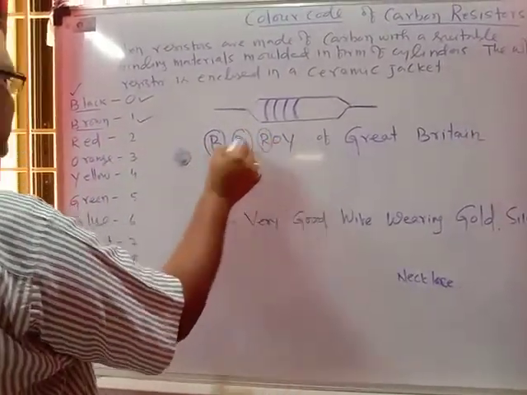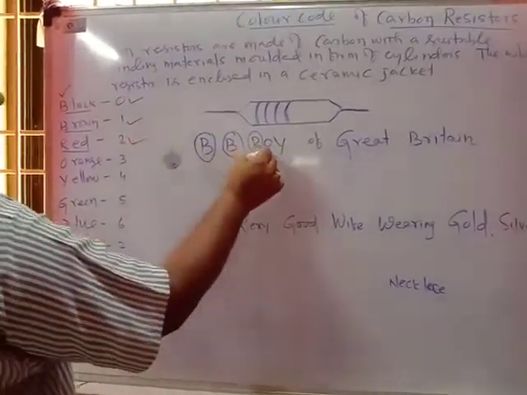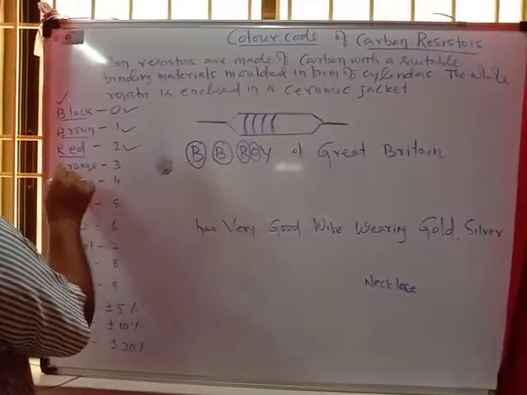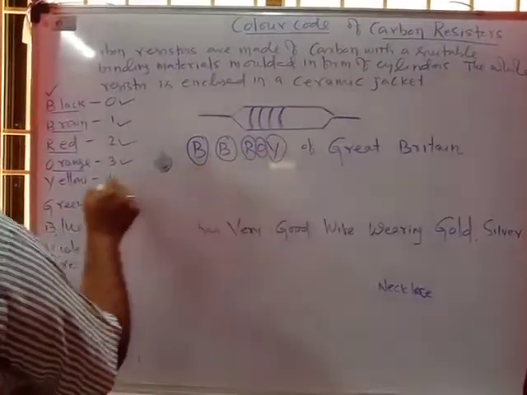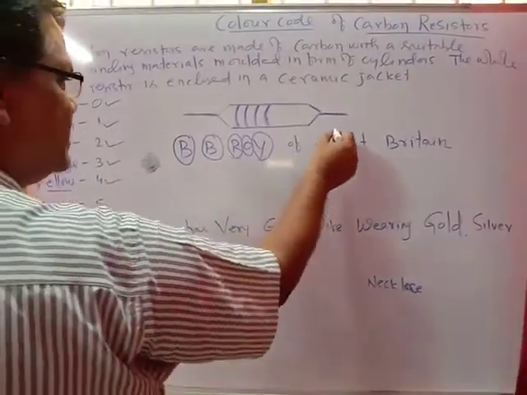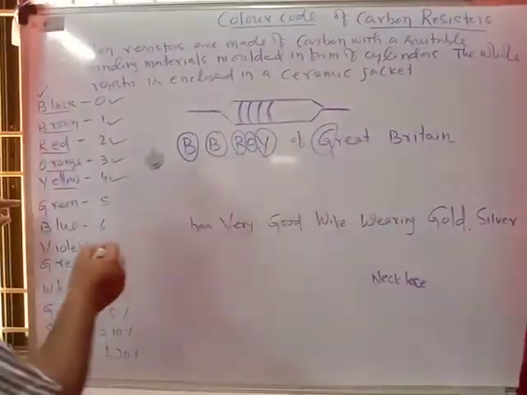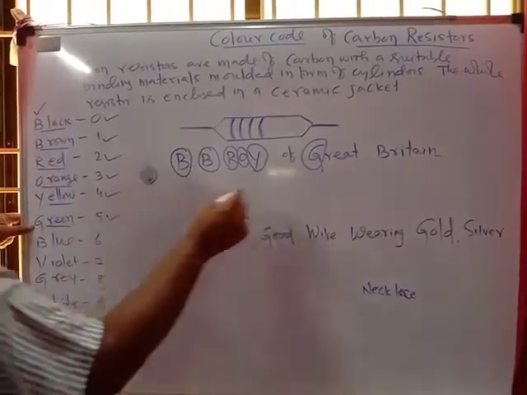R is red, the code is 2. O is orange, code is 3. Y is yellow, code is 4. Great, the color is green, and the code is 5.